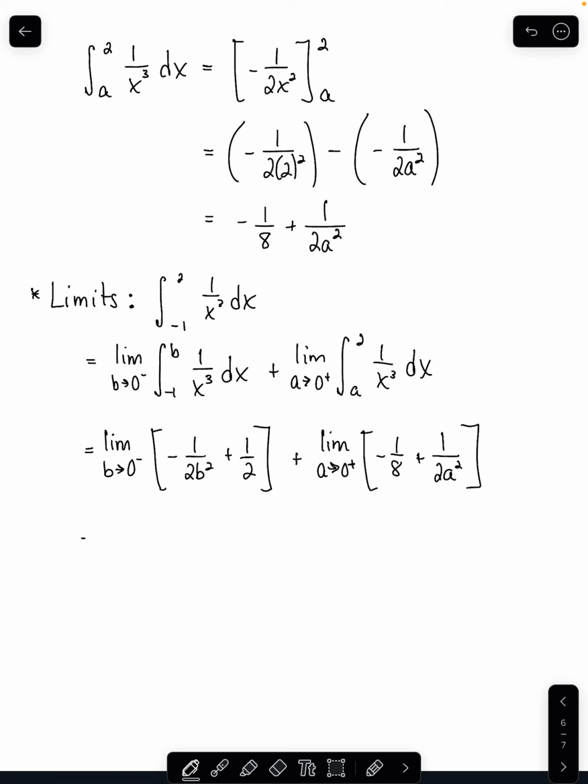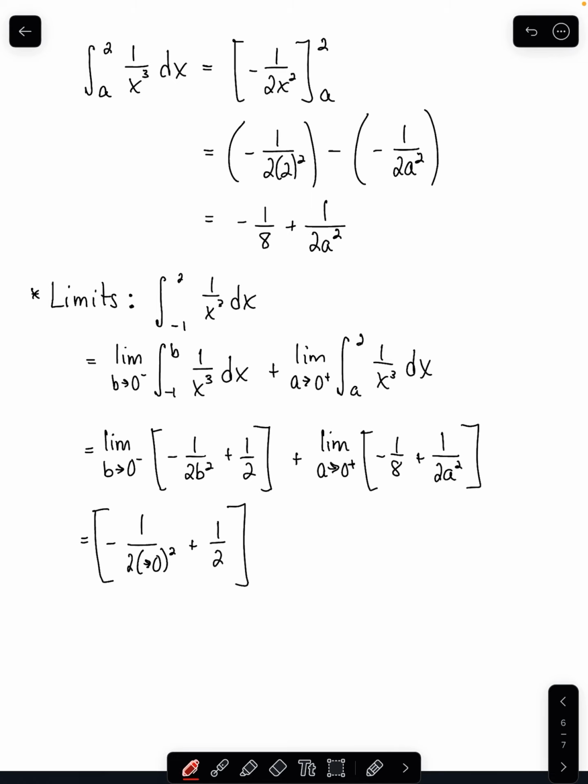Now again, considering them separately, we have negative 1 over 2 times something that is approaching 0 squared. As b approaches 0, b squared also approaches 0, and thus the denominator of the first fraction approaches 0.